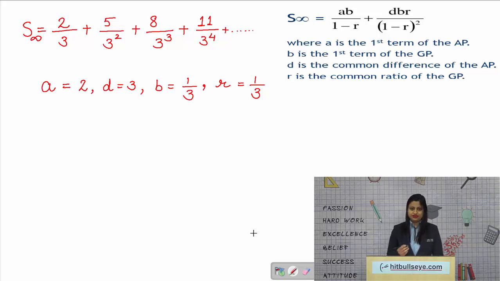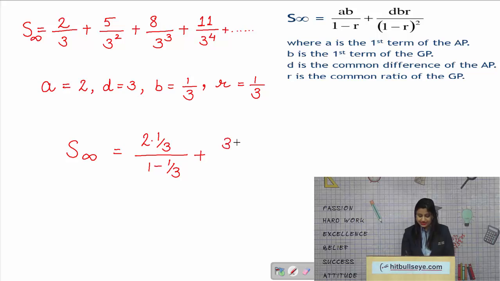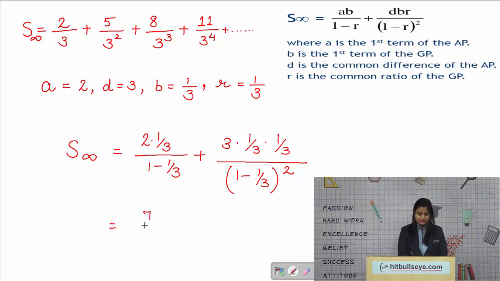I'm taking the previous sum only. So if we apply this formula, S infinity will become A into B divided by 1 minus R plus DBR upon 1 minus R whole square. If you solve it, you will get the same answer, which comes out to be 7 by 4.